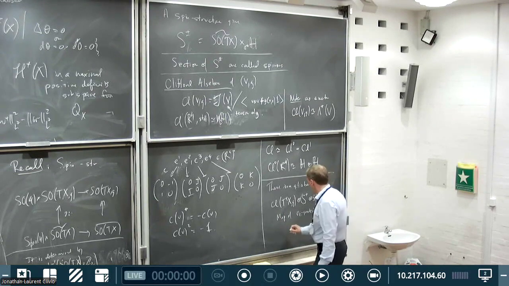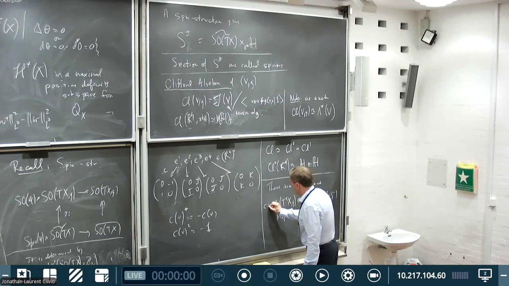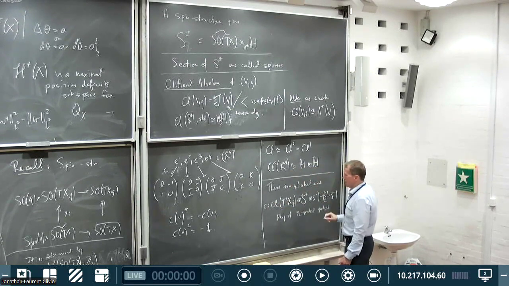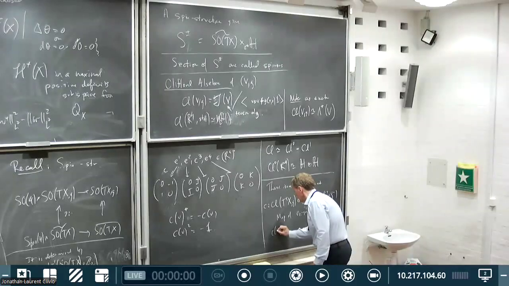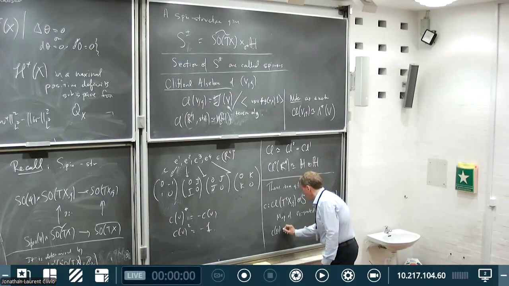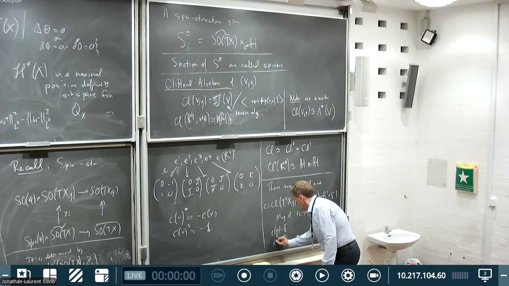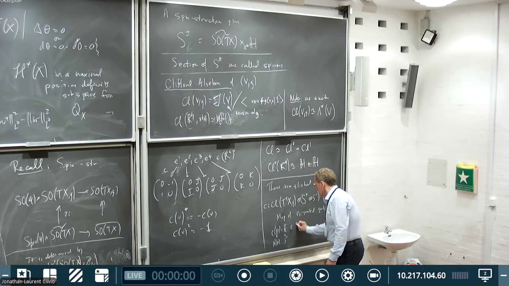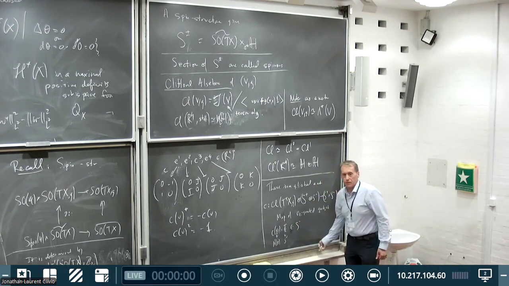I'm going to call this map C, and C of a one form on X, if that's in S plus, then that's in S minus.